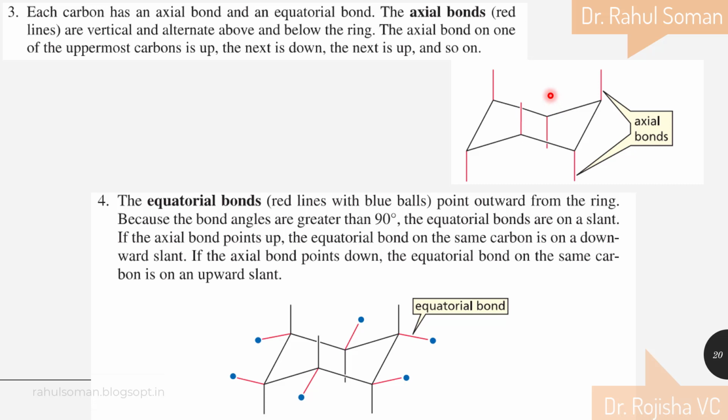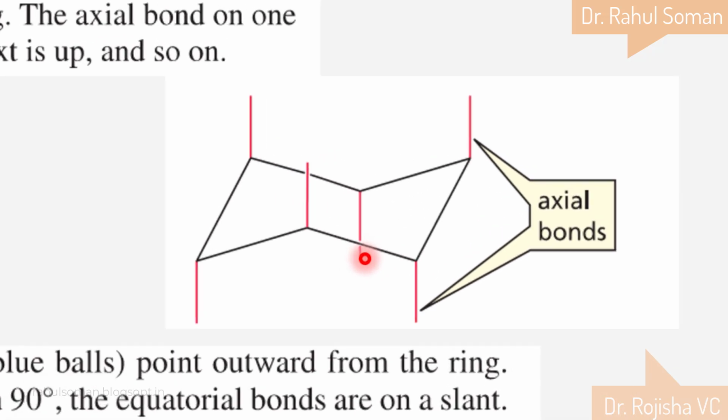One thing is that we already said three carbons point upward and three downward. For carbons that point upward, the axial bonds are also in the upward direction, whereas carbons projecting downward have their axial bonds also projecting downward.